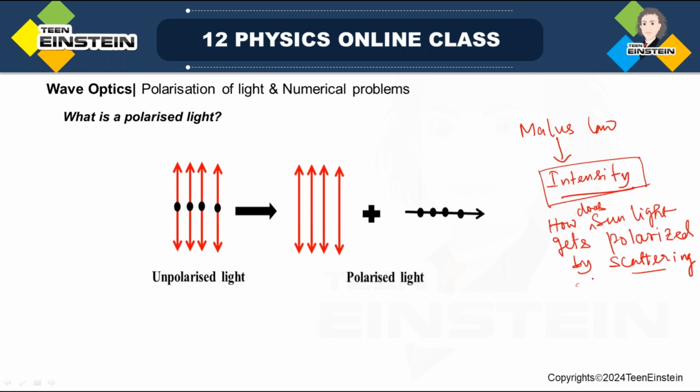In the atoms or molecules, or maybe tiny particles in the sky. So due to scattering, the sunlight gets polarized. We'll discuss that. I have given this the title polarization by scattering, and then we'll see polarization by refraction.